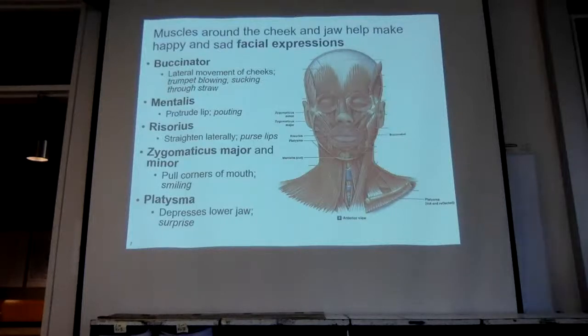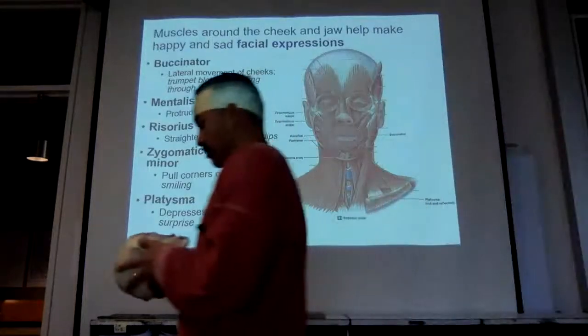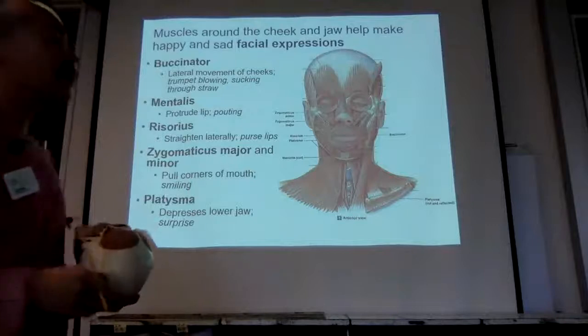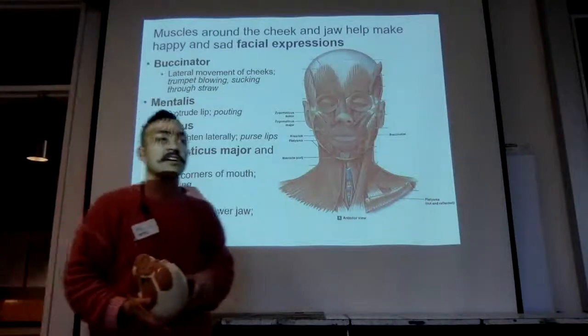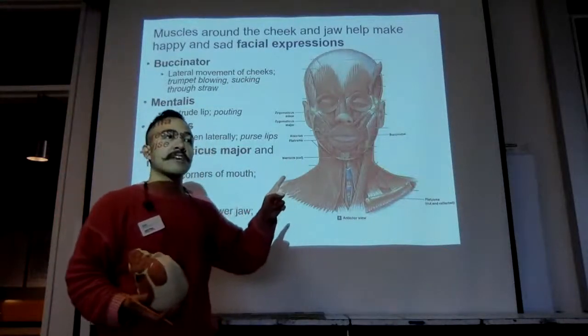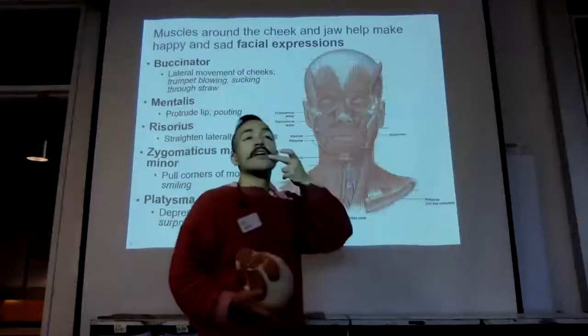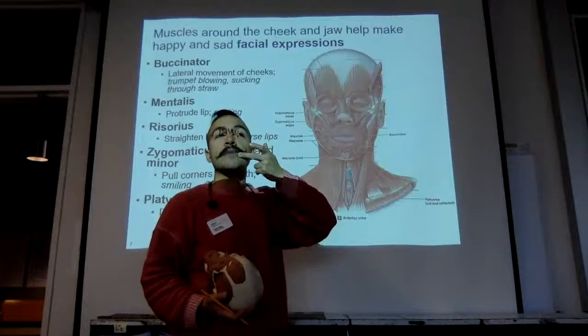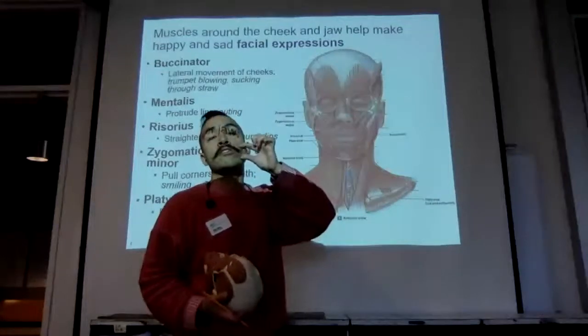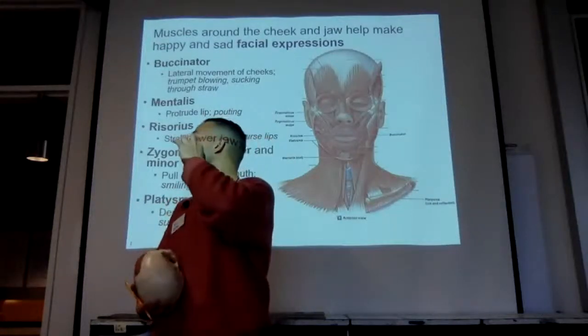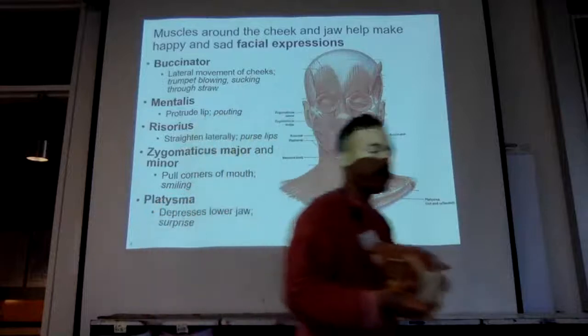A few more muscles found on the face that I want you to know. Buccinator. Remember I said buccinator means trumpet player? The buccinator is found starting at this corner of the lip, and then the broad muscle just going across your cheek.